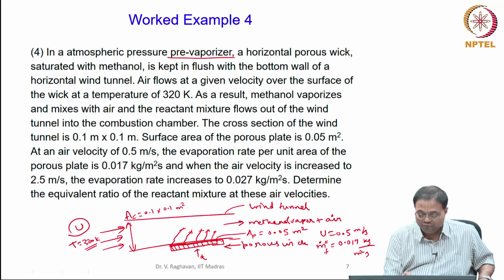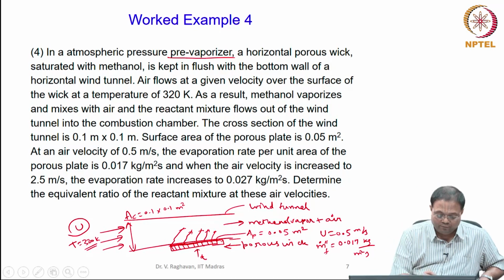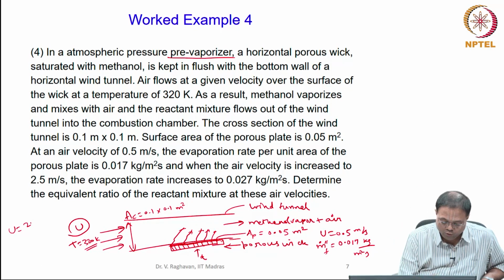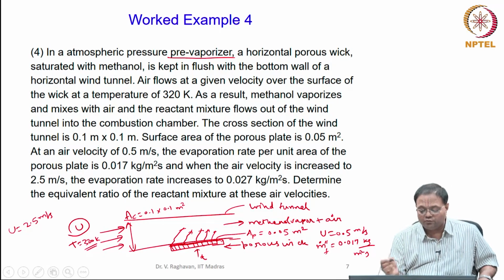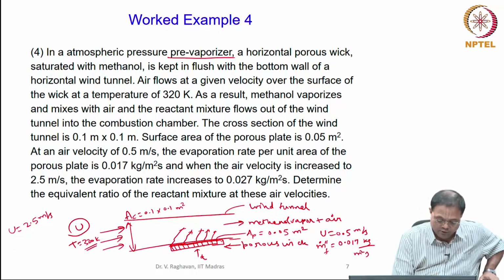Okay, now when the air velocity is increased to 2.5 meter per second, when u equals 2.5 meter per second, the evaporation rate increases to 0.027 kg per meter square second. So that is the evaporation rate of the fuel now.